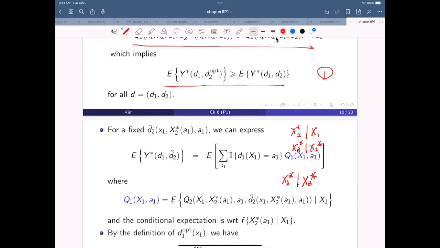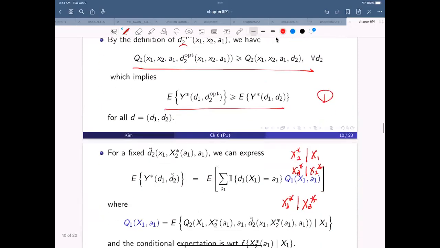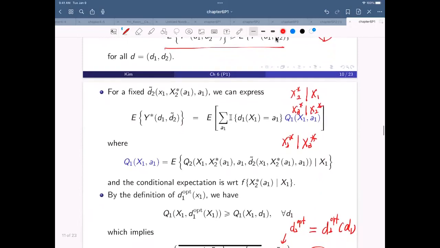So basically the point is to compute this with respect to Q1. To compute Q1, you need the conditional expectation of X2 given X1.